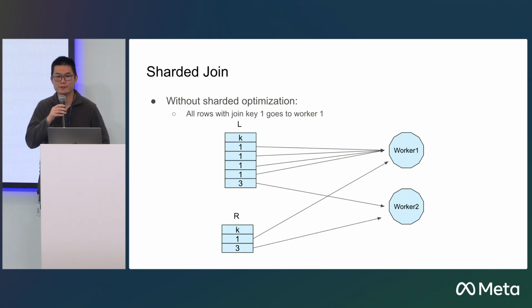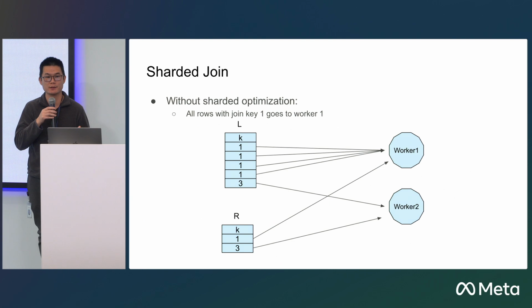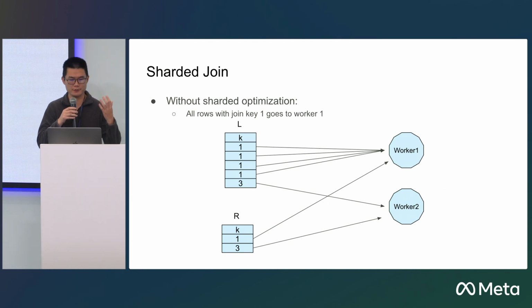Let me show you an example of how this works. This is a simple example where we have two tables to join. The left table has skew, where we have many ones in the join column. It means that most of the workload is going to go to worker 1 during the join.